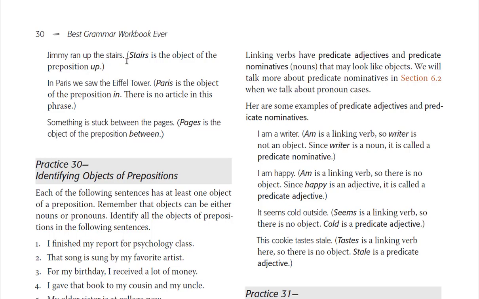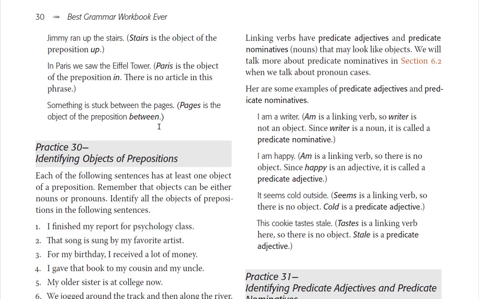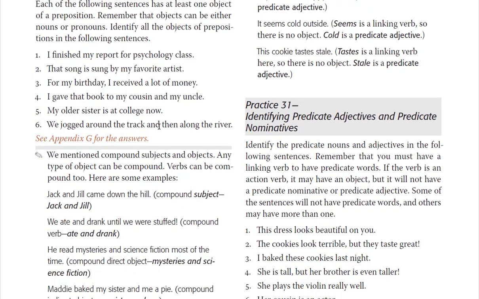Stairs is the object of the preposition up. In Paris, we saw the Eiffel Tower. And so in is the preposition, and then Paris is the object of the preposition. Sometimes something is stuck between the pages. Here, between is the preposition, and then pages is the object of the preposition.